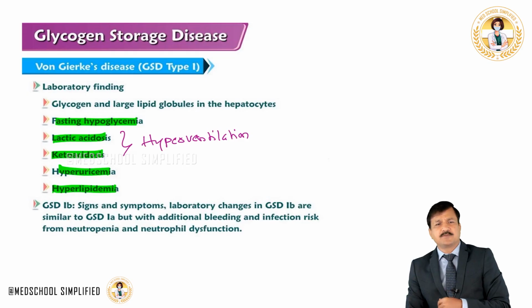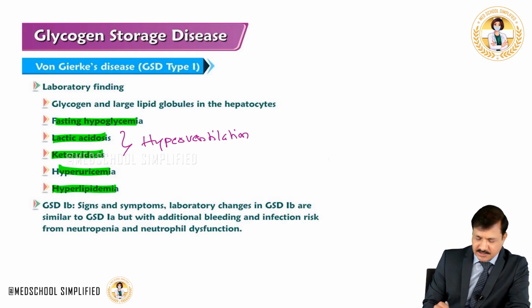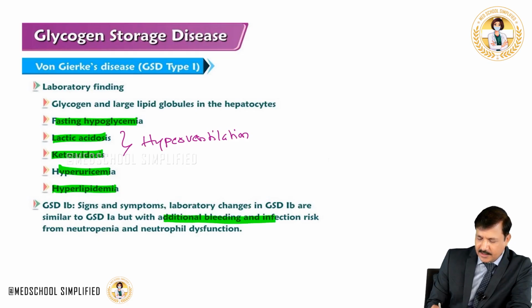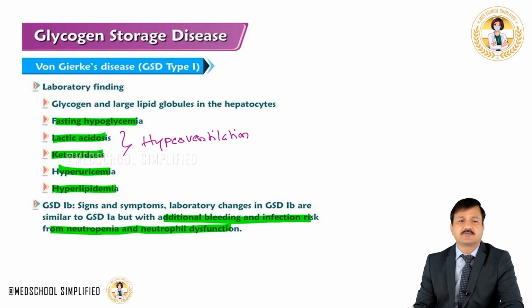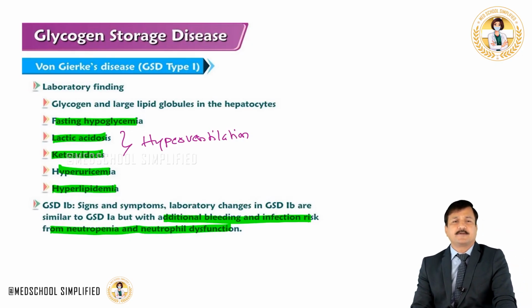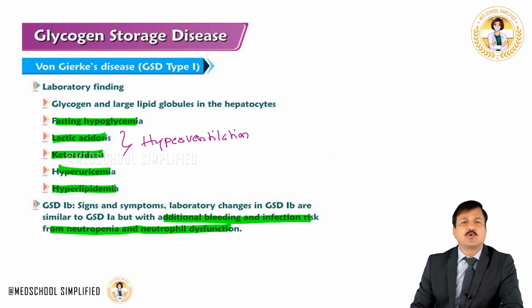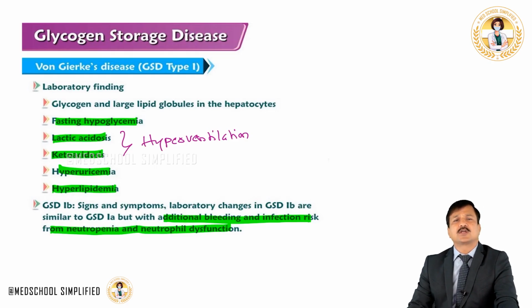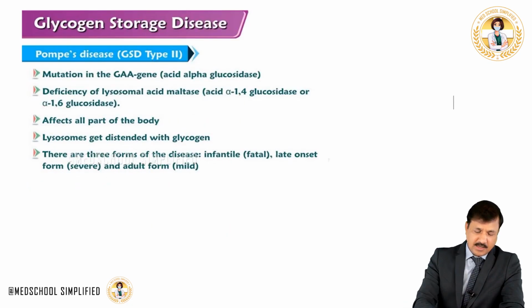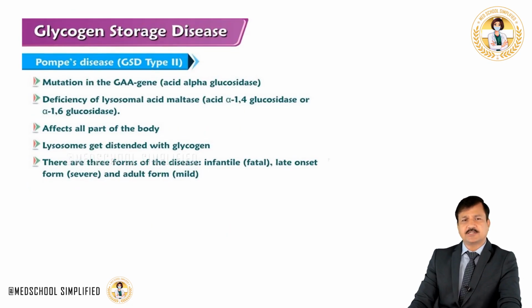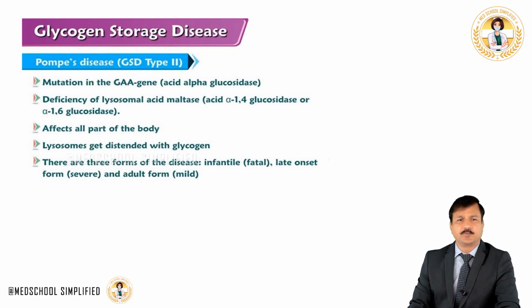All those signs and symptoms are the same. Additionally, these patients will show bleeding and infection risk because of neutropenia and neutrophil dysfunction. You need to remember that. So the signs and symptoms of type 1A plus bleeding and infection risk will go for glycogen storage 1B because of T1 translocase being defective.